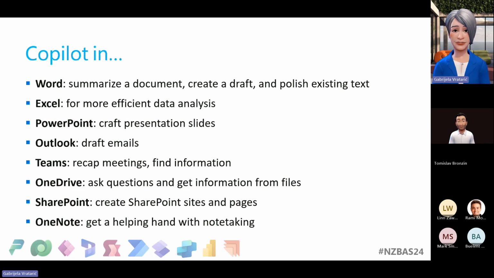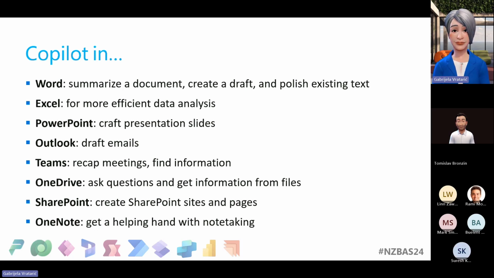In Excel, it is mostly used for more efficient data analysis. In PowerPoint, it helps you make slides, shows you some tricks and some new designs, better than a person.